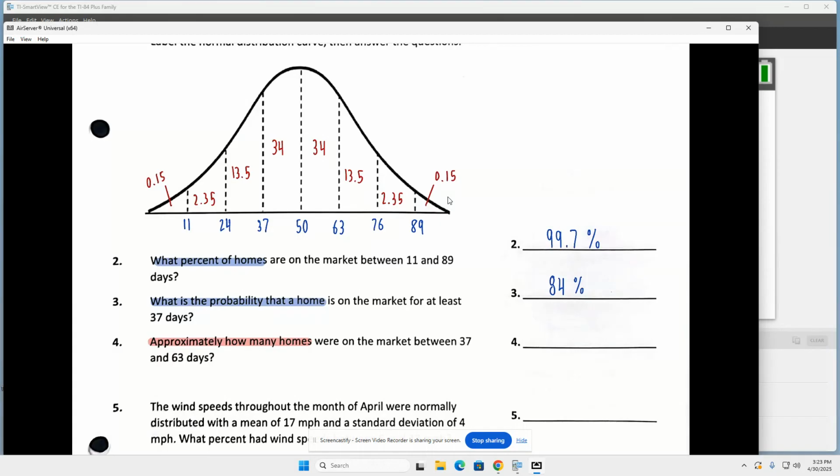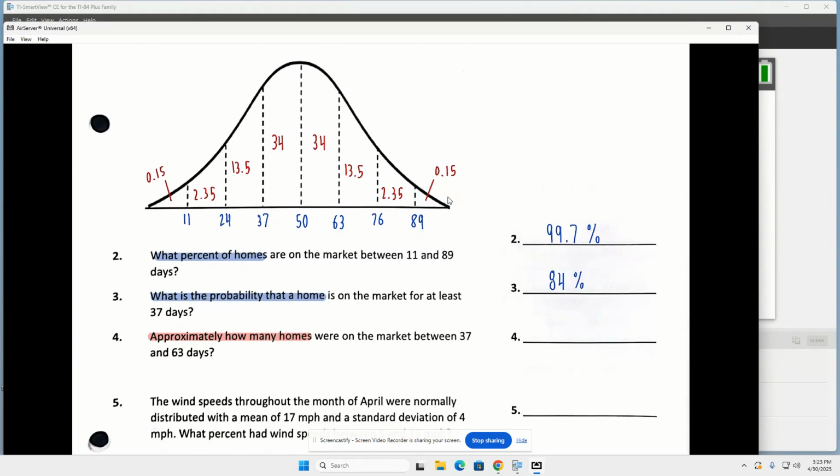Now, the last one, again, like I said, it asks a little different question. It says approximately how many homes. So this time, we're not actually finding the percent. Well, I'm sorry, we are actually finding the percent. But we're answering it by saying exactly how many homes. So let me explain. First of all, how many homes were on the market between 37 and 63 days?